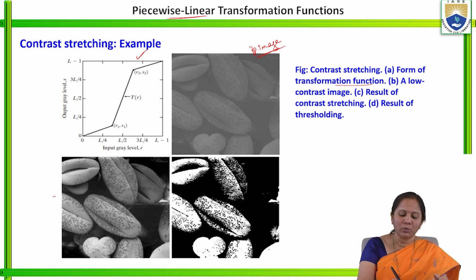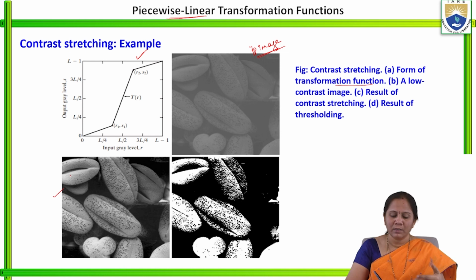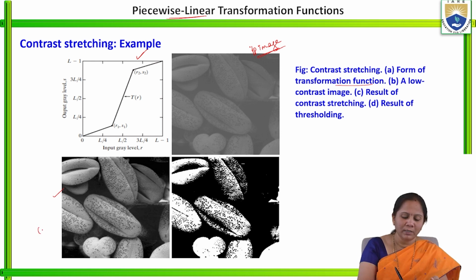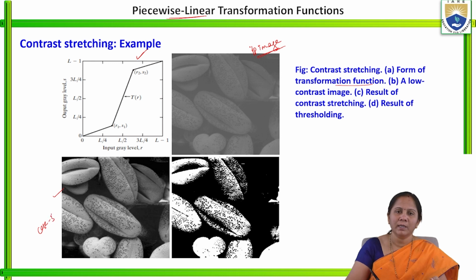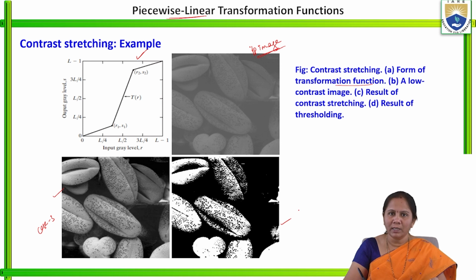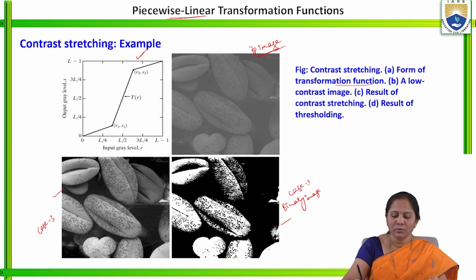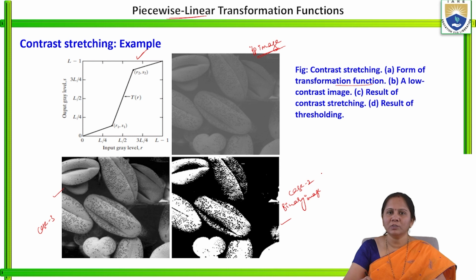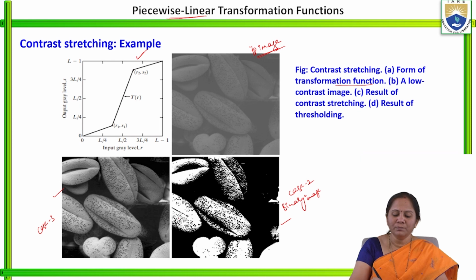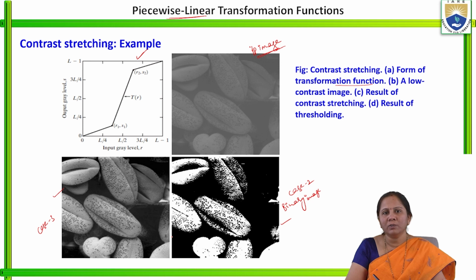Then the image we are going to get here is one case. So here this is case 3, and here this is one case, as we have observed, the binary image. In case 2, we have studied different values of R1, R2, S1 and S2. So this is how we are going to get the images for different values of R and S.